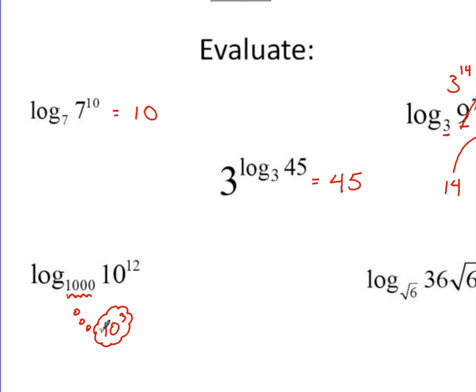So if that's 10 to the 3rd power, is there a 10 to the 3rd power in here? There is, if you do this, 10 to the 3rd raised to the 4th, right? 3 times 4 gives you 12. So really, what I have there is the same. So now I've got the same bases. You've got 1,000 here, you've got 1,000 here. What's my answer going to be? Well, my answer is going to be that leftover exponent of 4.